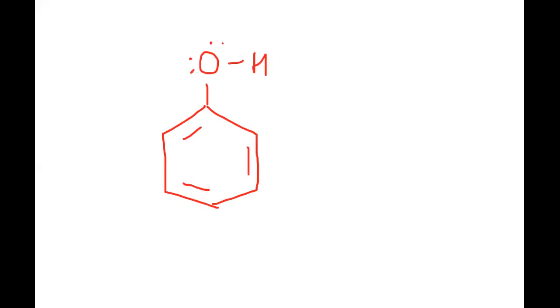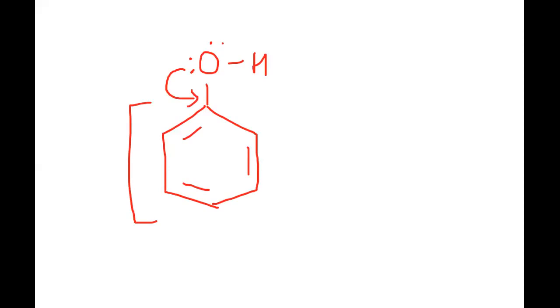Since this part of the molecule is a highly unsaturated system, it is going to pull the electrons towards itself. So this oxygen, because it has a lone pair of electrons, will give it, and therefore a partial double bond character will also be established.